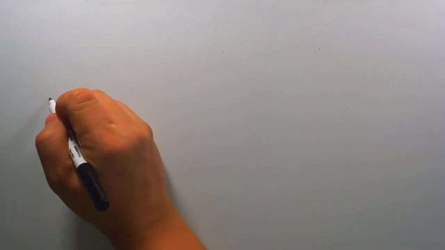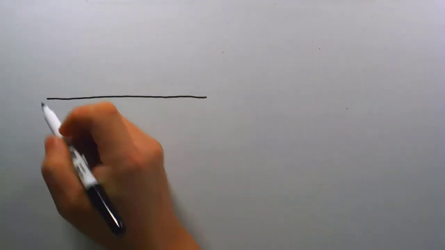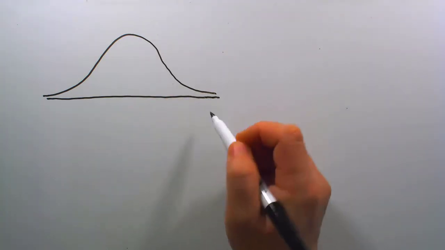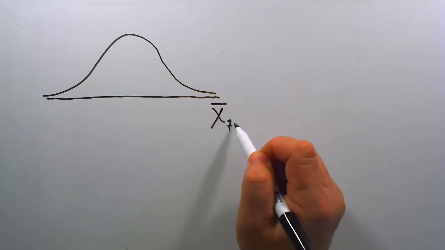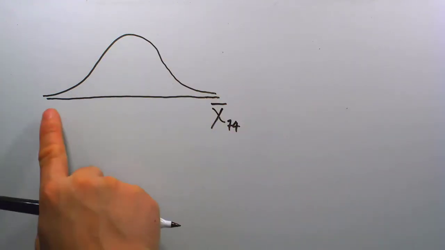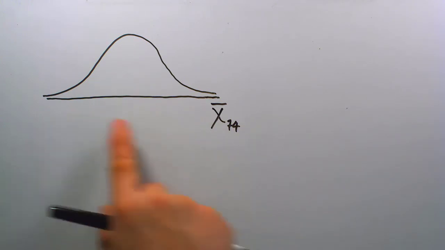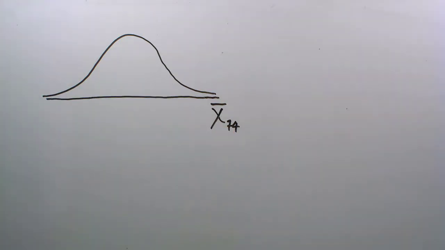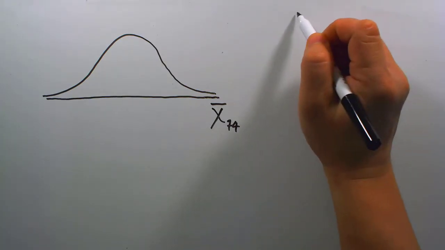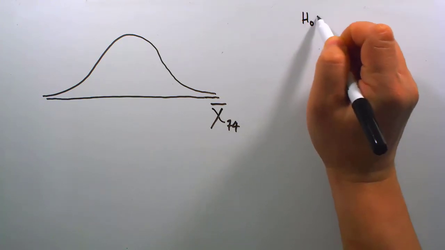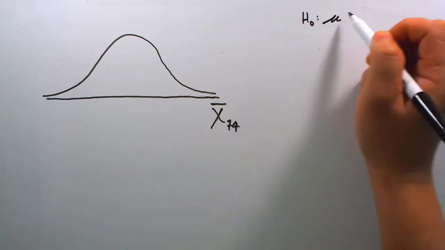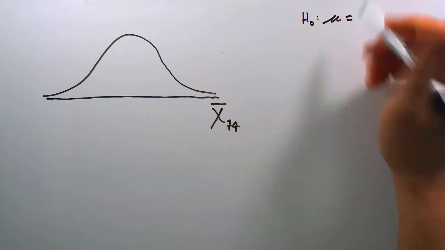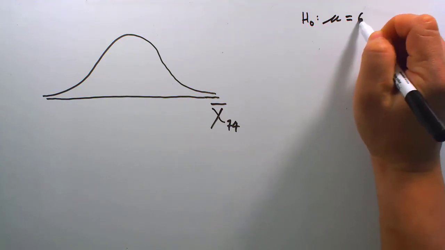Now again, let's put ourselves back on that bell curve representing the distribution of all sample mean values at size 74. And so that means on my bell curve here, any value found on this horizontal line is a value to the random variable capital X bar 74. According to our null hypothesis, H sub 0, claiming that mu, the population mean value of pulse rate, is equal to 65.